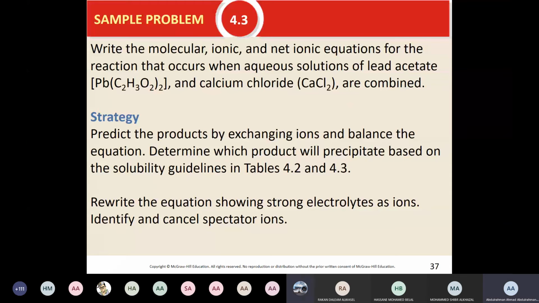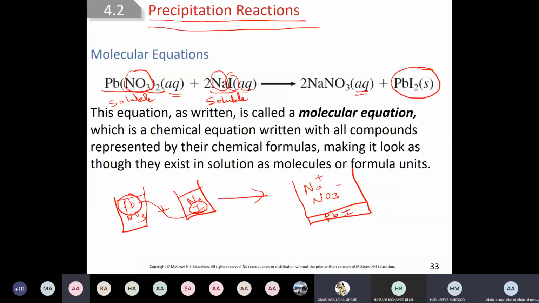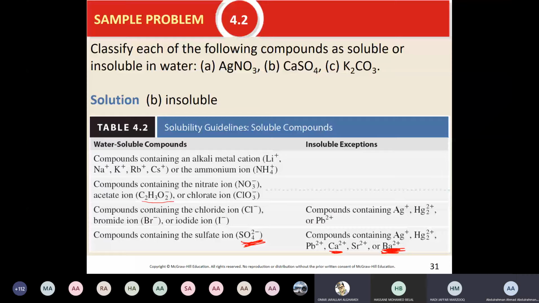We want to write, first, let me ask you, lead acetate, is it soluble in water or not? Yes, it is. Why? It contains acetate.